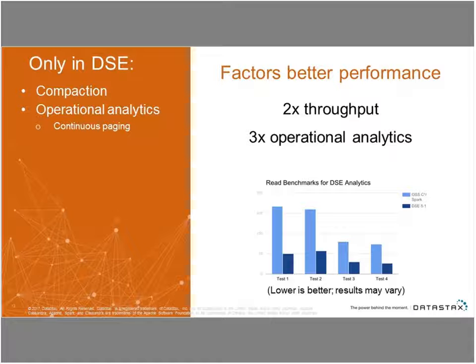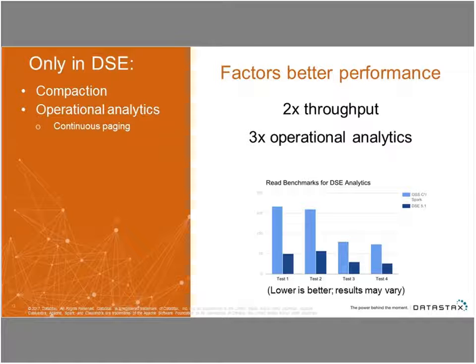So first up is compaction. And remember that compaction is all about cleaning up the process of writes that removes deleted data and coalesces SSTable fragments. And so what we've done in our latest release is improved upon that greatly to allow for up to 2x throughput gains versus open source Cassandra.